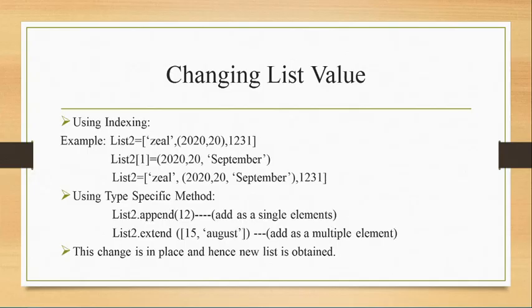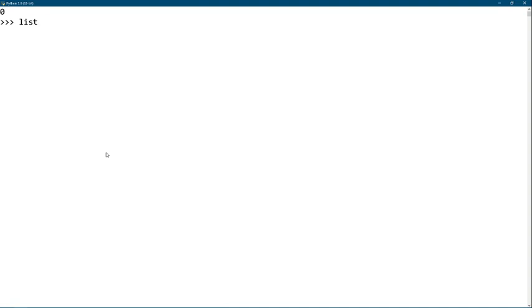For indexing, suppose I take a list, list 2, and it has the string zeal as one value, and another is a tuple which has the elements 2020, 20 and another element which is a number. This is my other list, list 2.